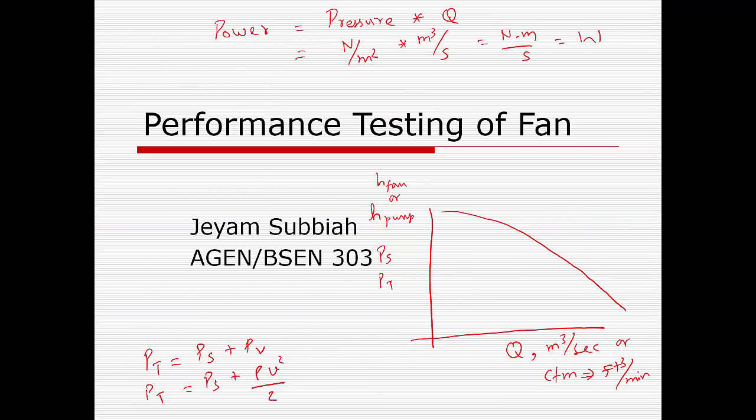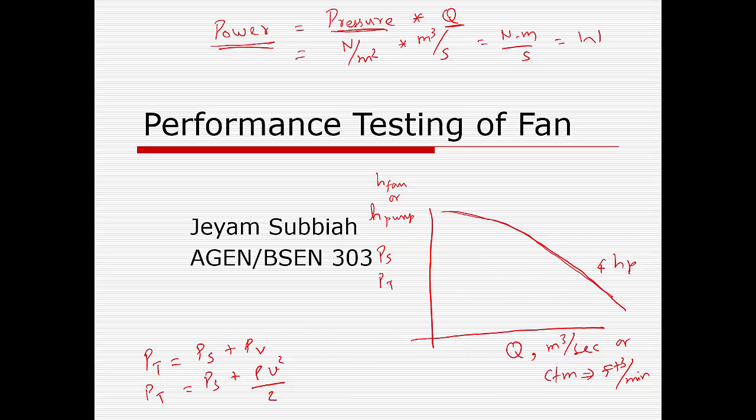So the power of a pump is fixed. This might be for, let's say, a 4 horsepower pump. So if Q is higher, P has to drop. If Q is low, P has to increase.